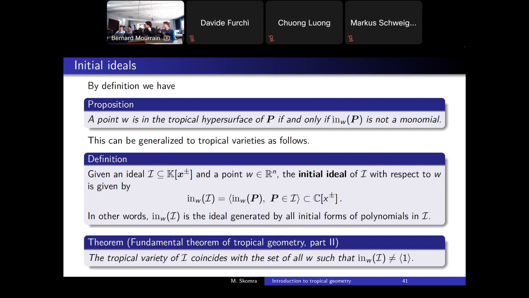I just went wrong with my intuition. In classical algebraic geometry, when you take the initial ideal, you end up with a monomial ideal. So what do you end up with here?